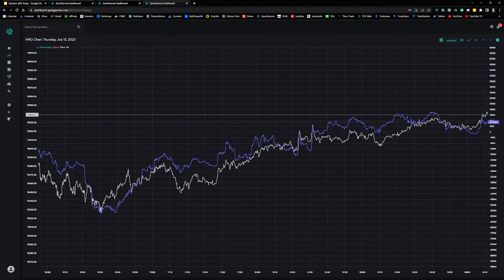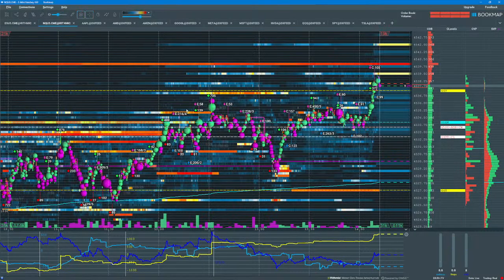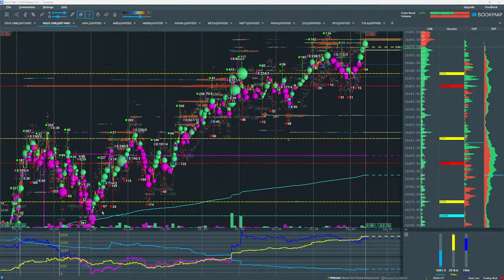So let's go take a look at Bookmap. Go to Nasdaq, and there's the reversal higher at 10:30. You can see the shift in order flow, aggressive sellers moving price down just to the VWAP, upper daily expected move, and then aggressive buyers start to come in.